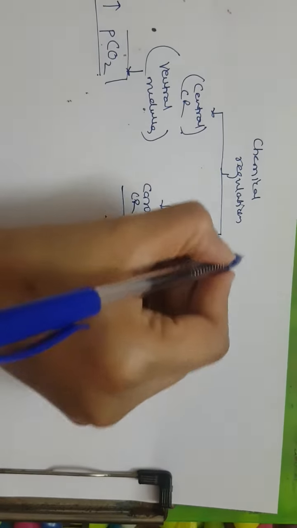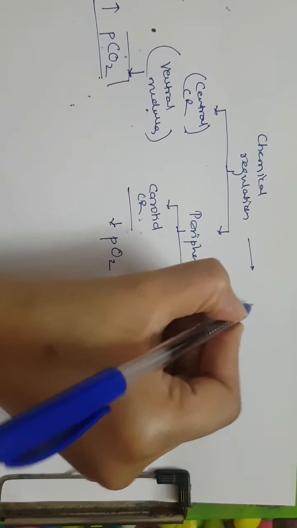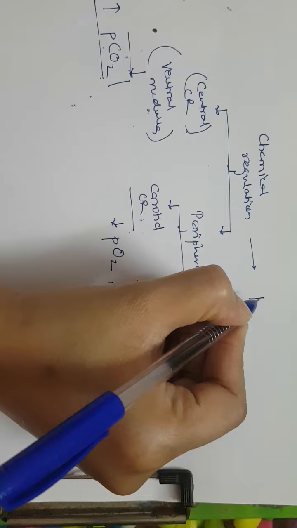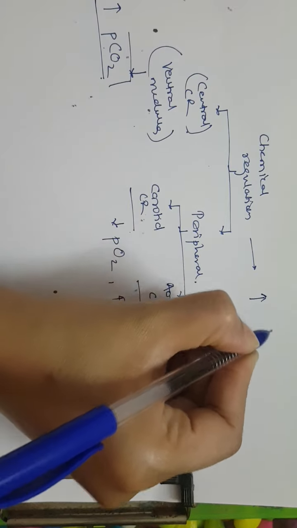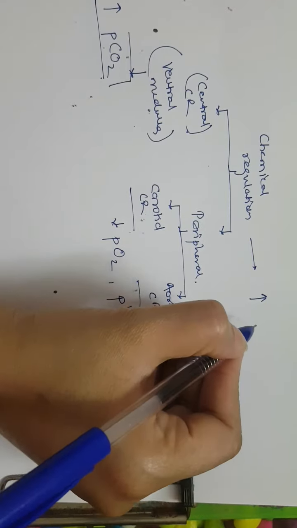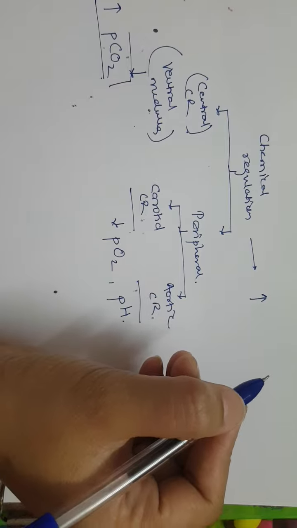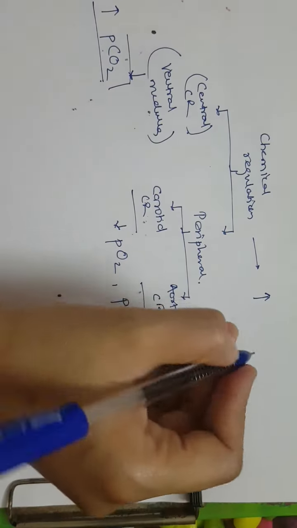Basically, chemical regulation occurs when there is an altered chemical concentration of CO2, oxygen and pH. The main function of the lung is to maintain the carbon dioxide and oxygen partial pressure in the pulmonary circulation.